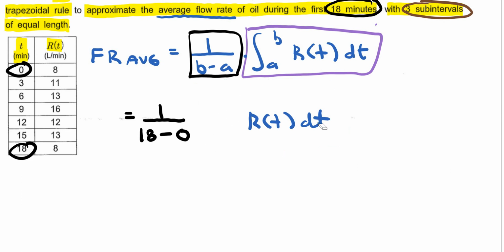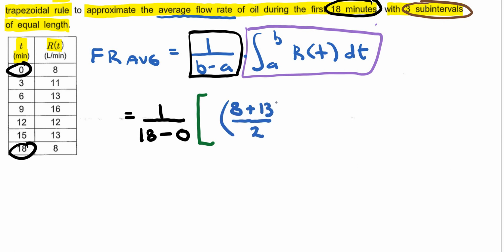So if I erase this now, I will put a bracket here, and let's figure out the areas of the trapezoids. Our first trapezoid was (8 plus 13) divided by 2, times 6. That's my first trapezoid, and that takes care of the first subinterval. We want 3 equal subintervals.